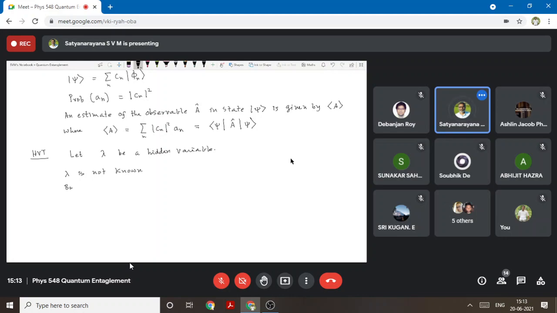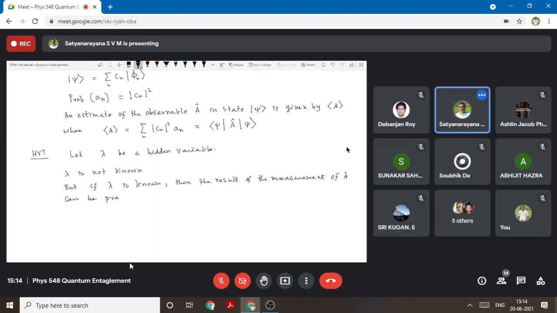But if lambda is known, then the result of the measurement of A can be predicted.